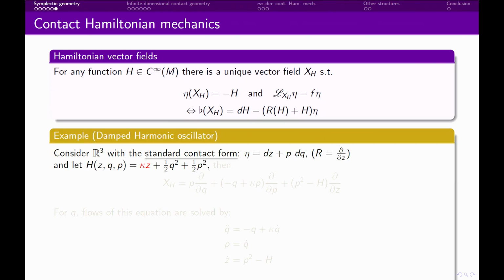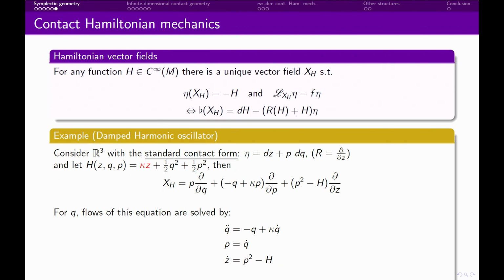As a quick example that I'll blitz through, if we take the harmonic oscillator, half q squared plus half p squared, and then add this kappa z, then putting this through this equation gives these three equations, and in particular this equation describes a damped harmonic oscillator. Instead of a harmonic oscillator that never loses energy, we've got one that loses energy exponentially. This is the simplest interesting example of a contact Hamiltonian system.